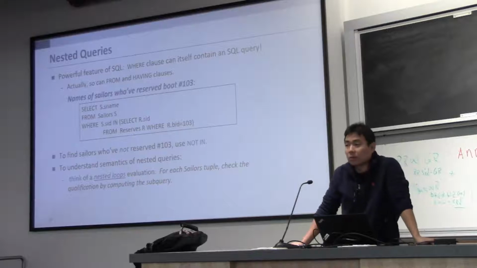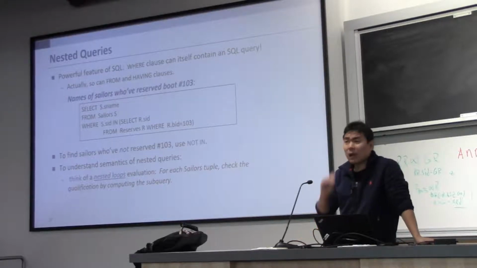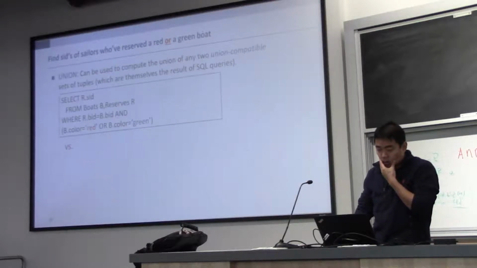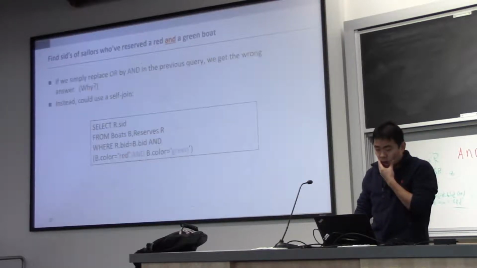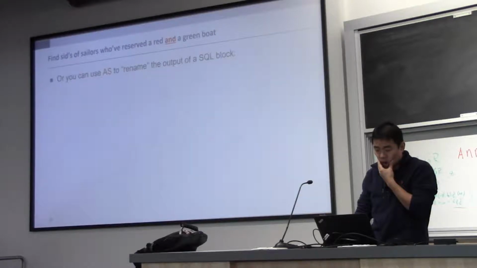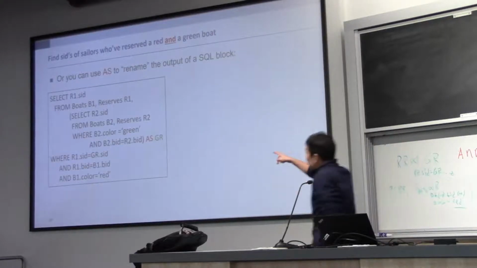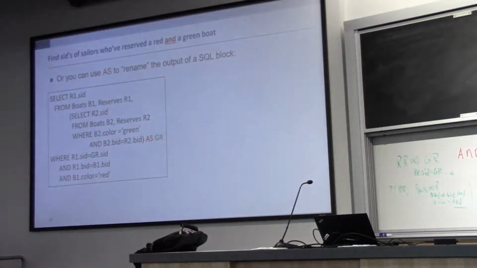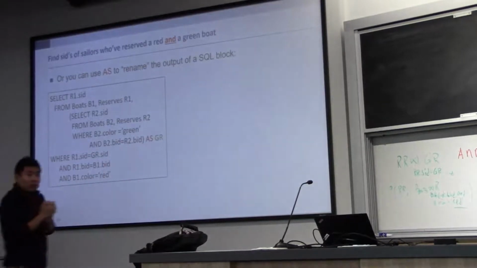Next, I'm going to talk about nested queries. We actually have seen this to some extent, right? This is already a nested query. What's the formal definition of a nested query?